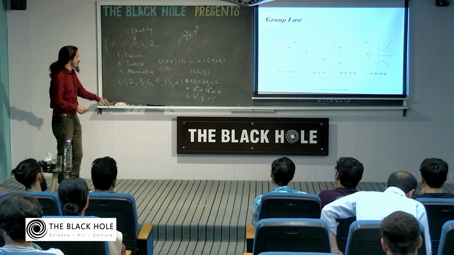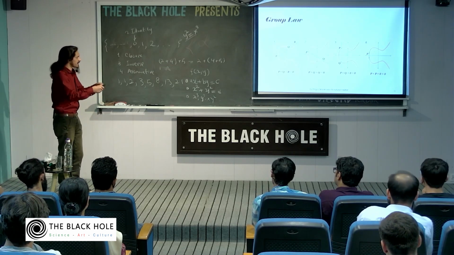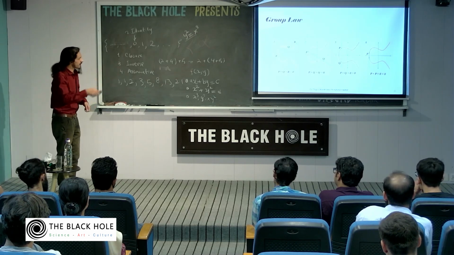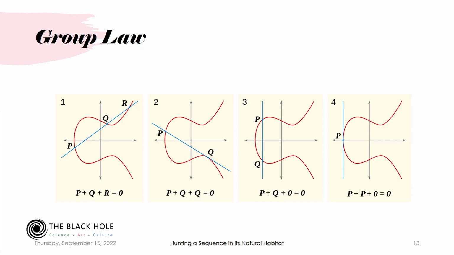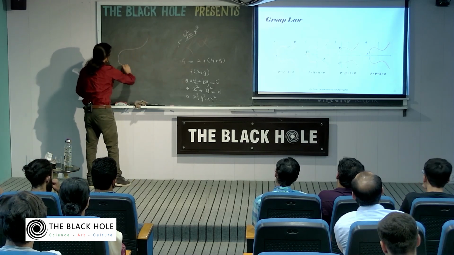Remember, we define group law on integers, combining two integers to get an integer, or combining two operations on the symmetries of a regular polygon to make it into a group. But this time we have this very interesting aspect of elliptic curves, that they naturally come with this group law, and this is not something one can expect from these weird curves. So how we define the group law is, let's take an example of this curve.